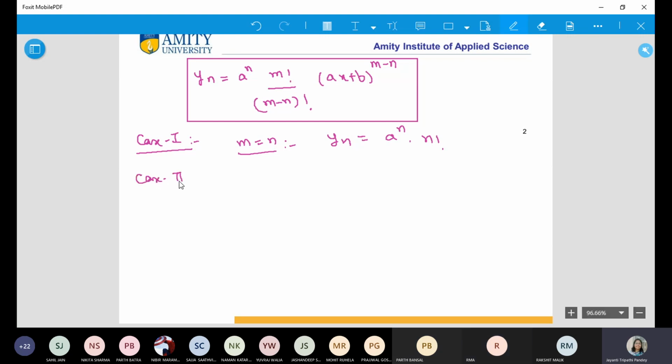Now case 2. Let me make it in two ways. It has two parts. Suppose m is equal to n, then you will get this. If m is less than n, then what will be yn?